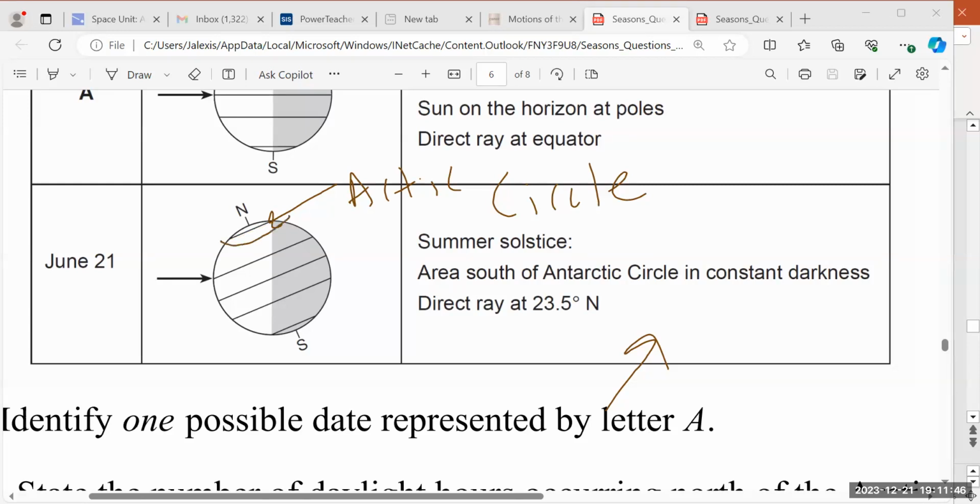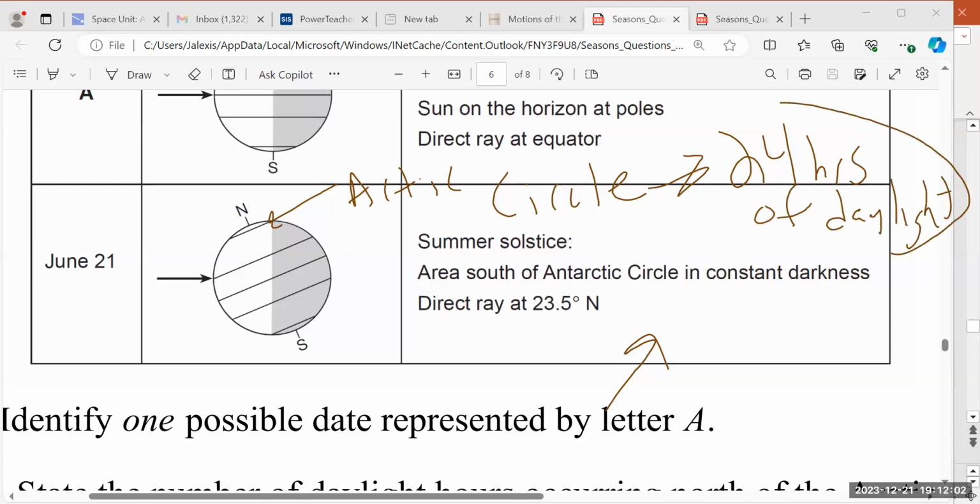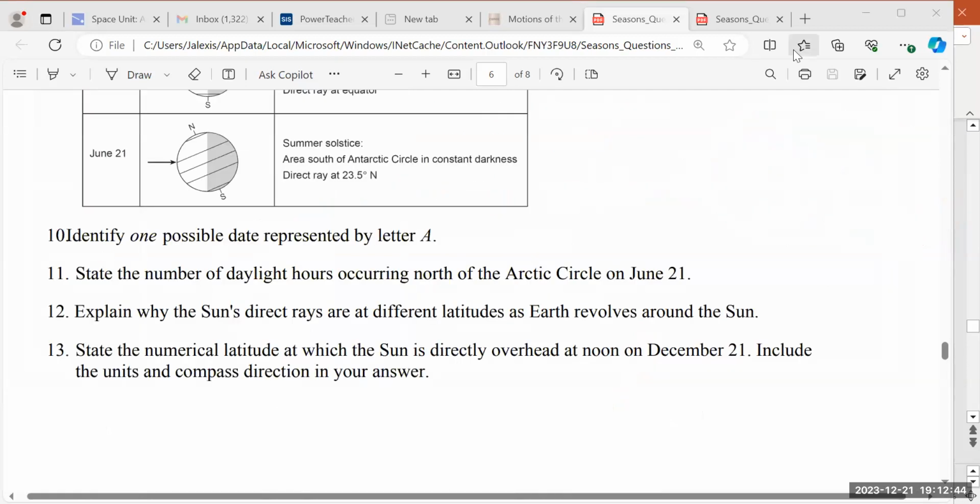So if this latitude is all daylight, there's no darkness on that latitude at all, then that means that it receives 24 hours of daylight. That's the correct answer.